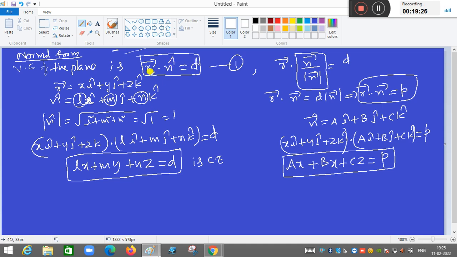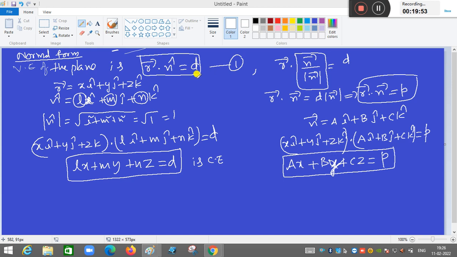This is the vector form. Its related Cartesian form is this. r bar dot n cap equal to d is the equation of a plane in normal form.